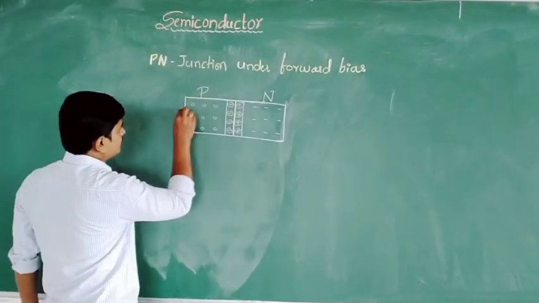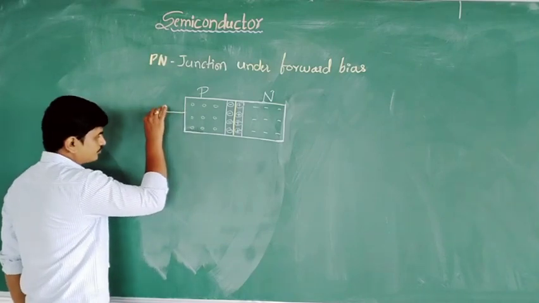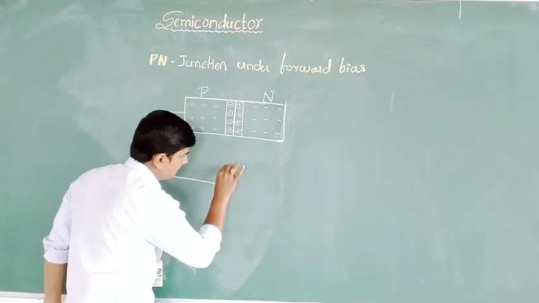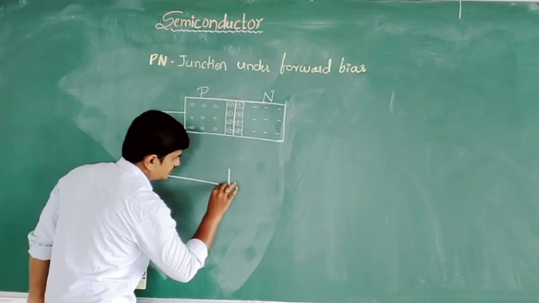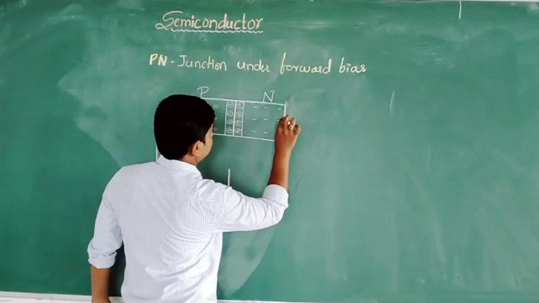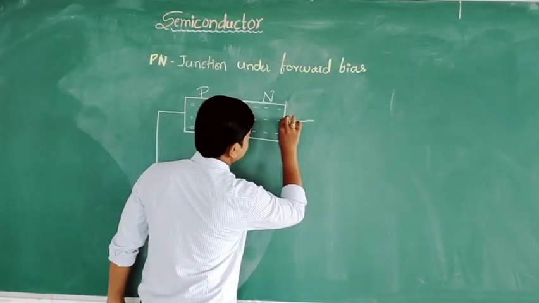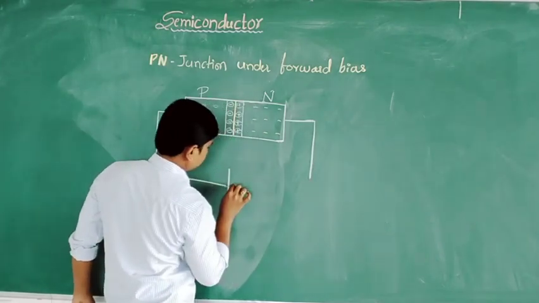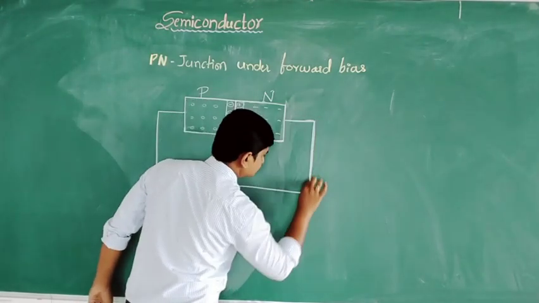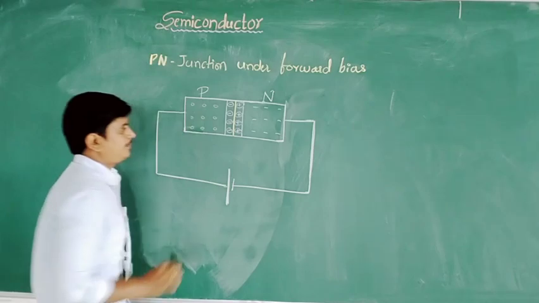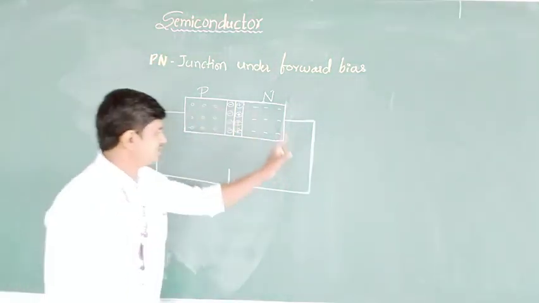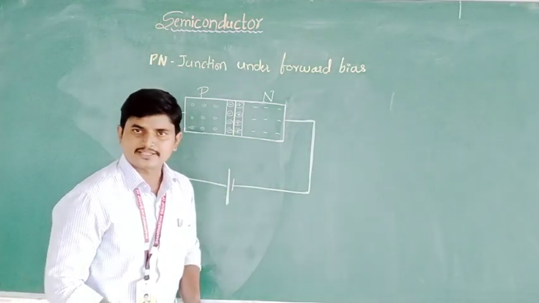Here, the P-type is connected to the positive terminal of the battery, and the N-type is connected to the negative terminal. This is said to be forward bias.